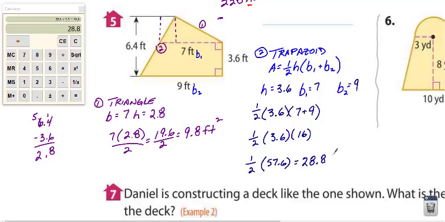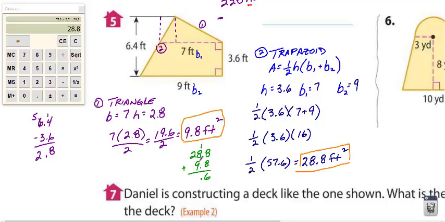My final step, by that's square feet, my final step is to add this number, what I got from the triangle, and this number, what I got from the trapezoid. So I have to add those numbers together. 28.8 plus 9.8. 8 and 8 is 16.